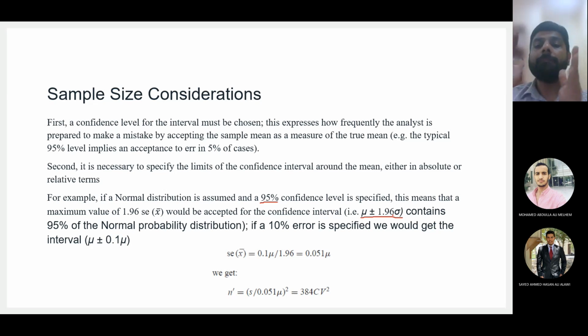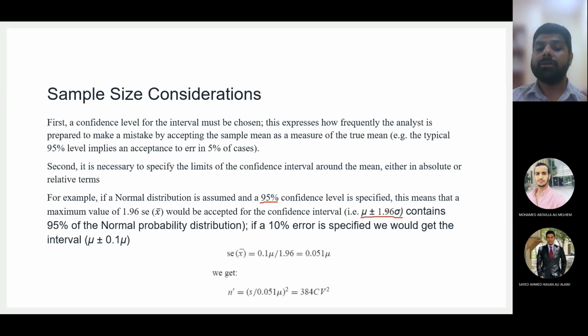So from the mean, how far am I willing to go forward and backward? 1.96 sigma. To cover 95%, I have to go 1.96 sigma forward and 1.96 sigma backward.